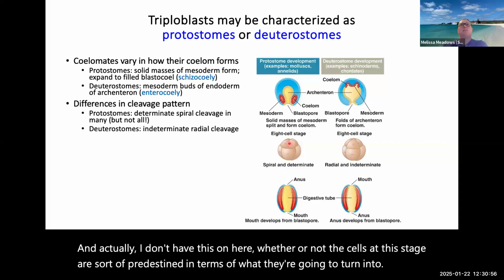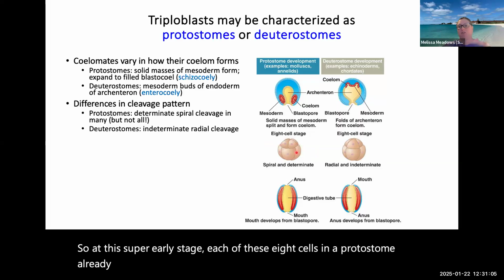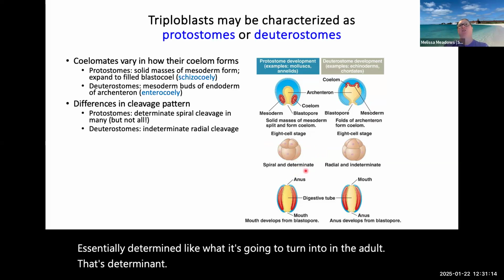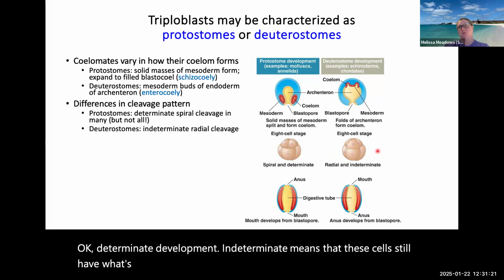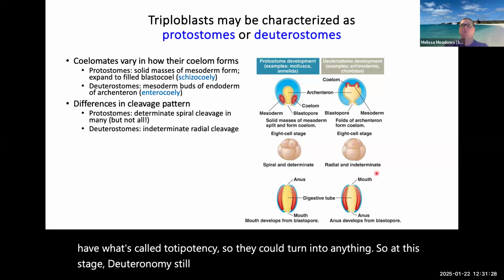So at this super early stage, each of these 8 cells in a protostome has essentially already determined what it's going to turn into in the adult. That's determinate development. Indeterminate means that these cells still have what's called totipotency, so they could turn into anything. So at this stage, deuterostomes still have indeterminate development.